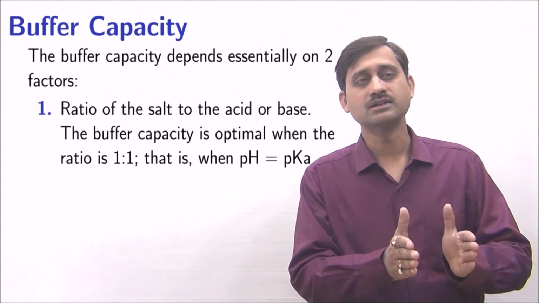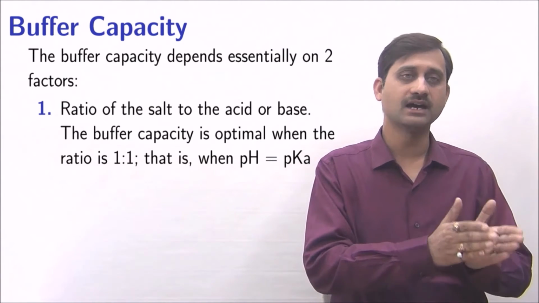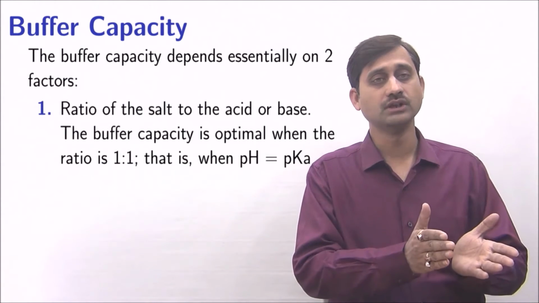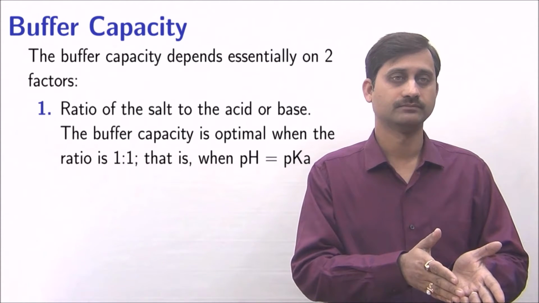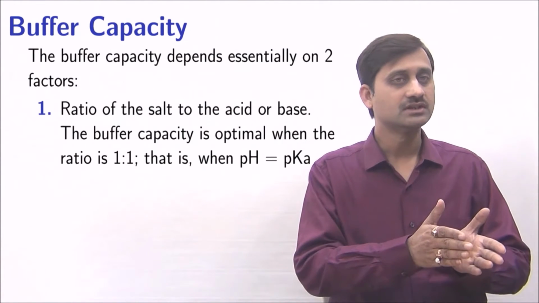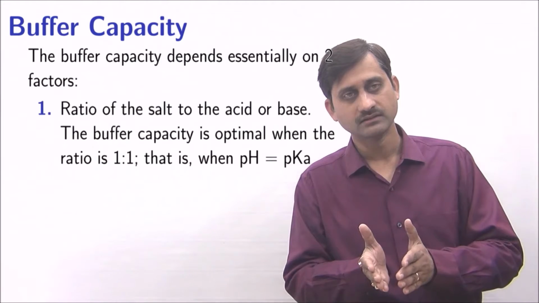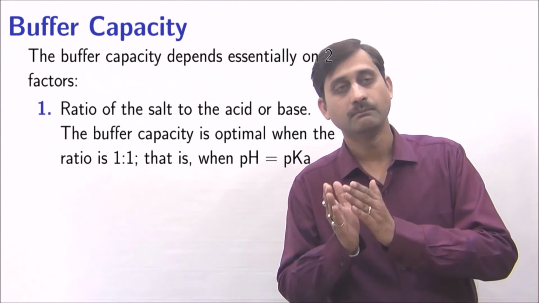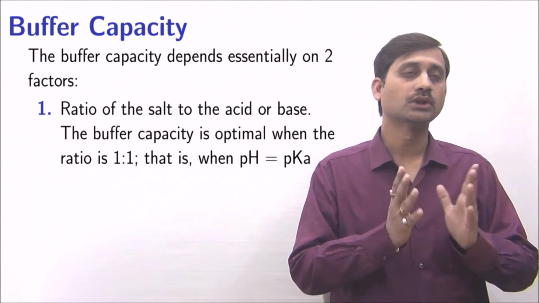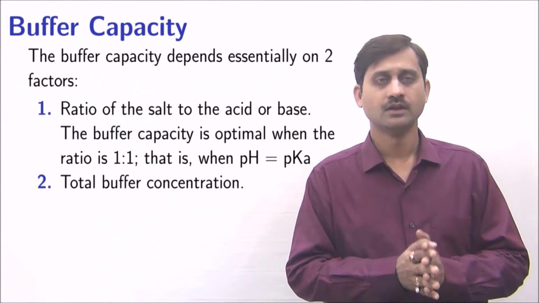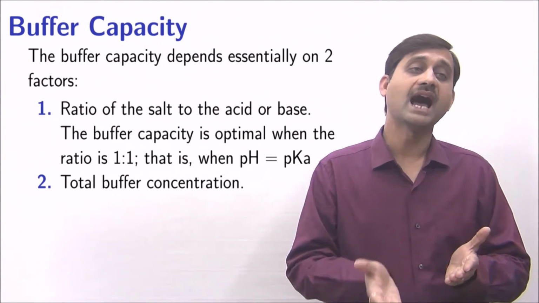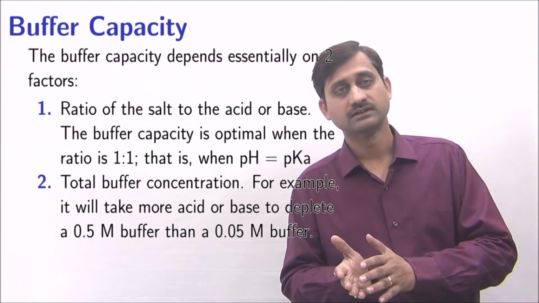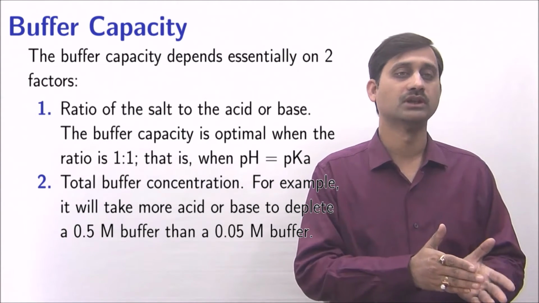That is, the concentration of the salt and the acid are the same, or the concentration of the salt and the base are the same, when pH is equal to pKa or pOH is equal to pKb. The second factor is the total buffer concentration. For example, it will take more acid or base to deplete a 0.5 molar buffer than a 0.05 molar buffer.